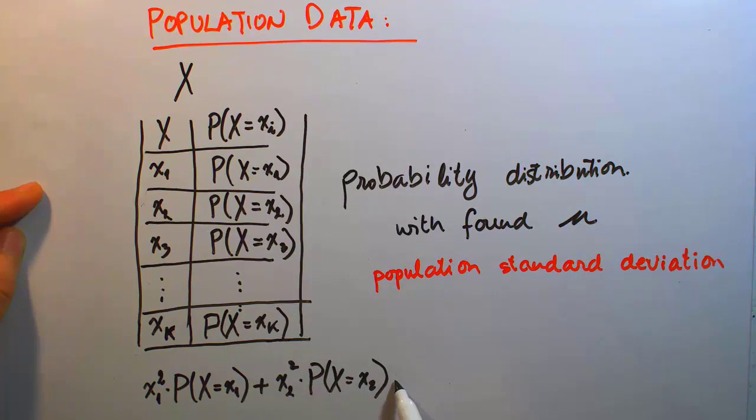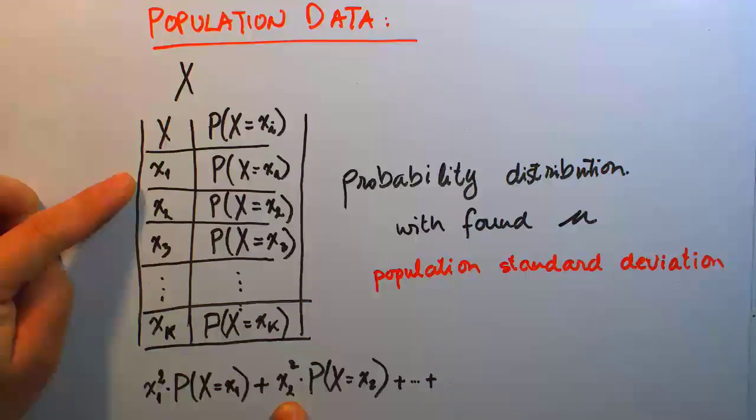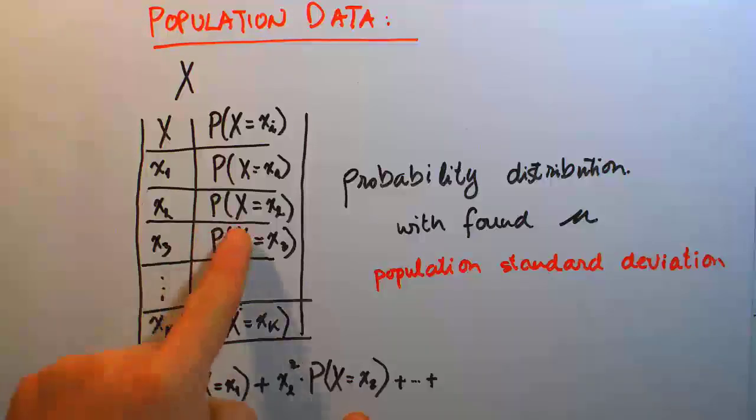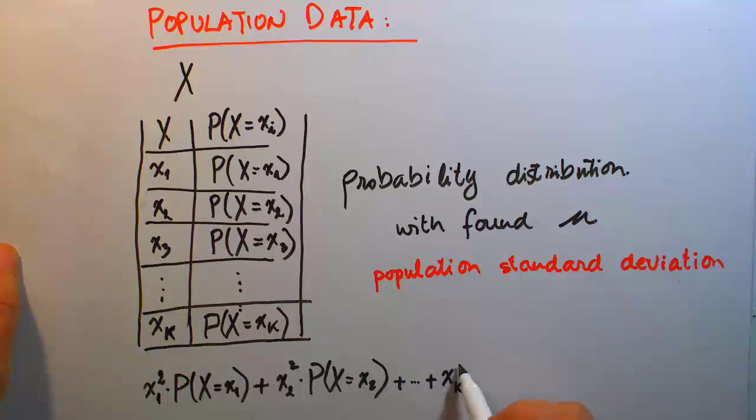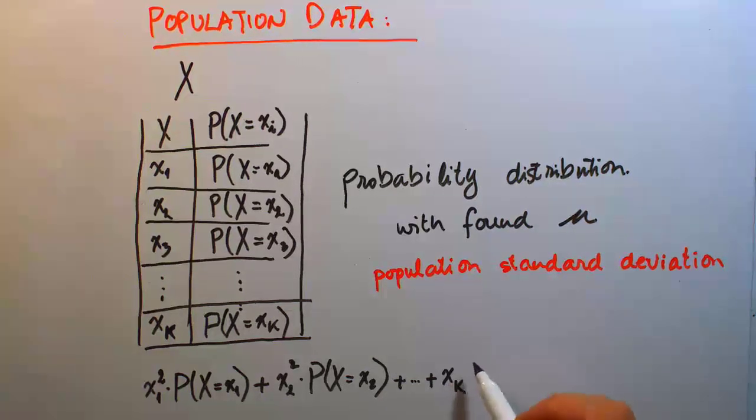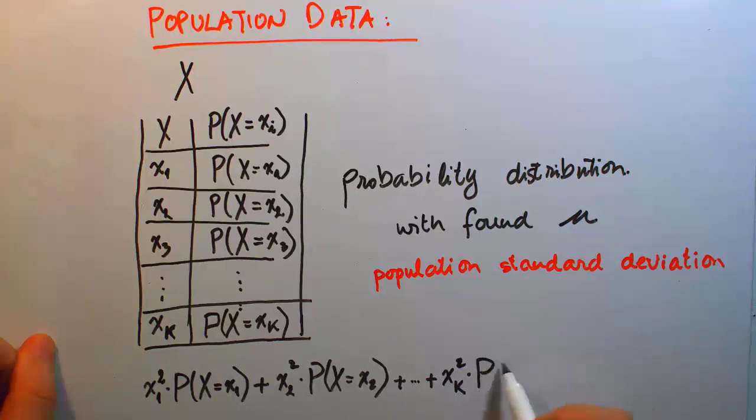and etc. We keep adding all the pairwise products between the square of the value on the left hand side multiplied with the corresponding probability to the right hand side, until the very last pair here. So xk, the kth x value squared, multiplied with the probability where random variable X equals xk.